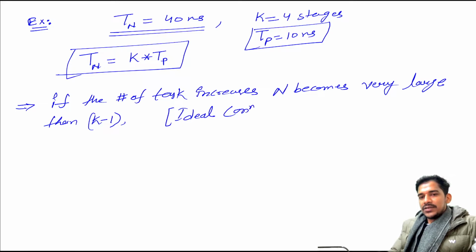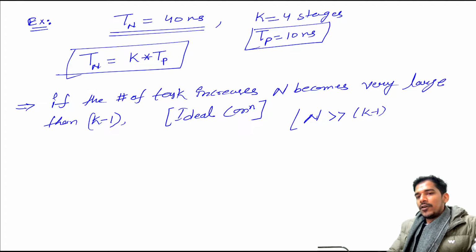In questions, sometimes the number of instructions will not be given, they will simply ask you under the ideal condition. That means when we have a very large number of instructions, n becomes very much larger than k minus 1, so k minus 1 will not actually matter, and we can remove it from the formula. For example, n is 10 to the power 9 and k minus 1 is only 5.